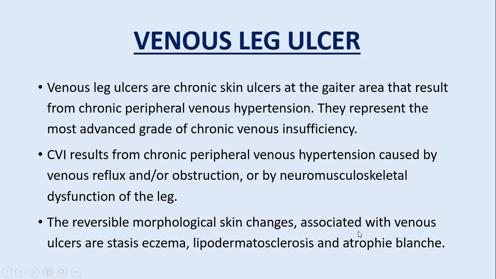First, we are going to discuss the venous leg ulcers. The venous leg ulcers are chronic skin ulcers at the gaiter area. The gaiter area is the area between the knee and ankle, that results from chronic peripheral venous hypertension.